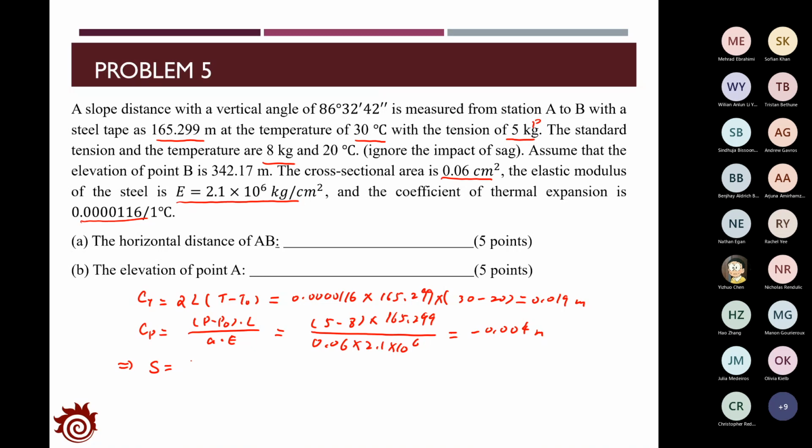So that is also the distance from A to B. With that, we have L plus the correction of the temperature plus the correction of the tension. So you get the value as 165.299 plus 0.019 minus 0.004 equal to 165.314 meters.